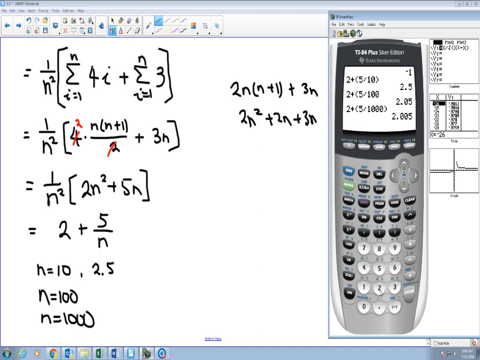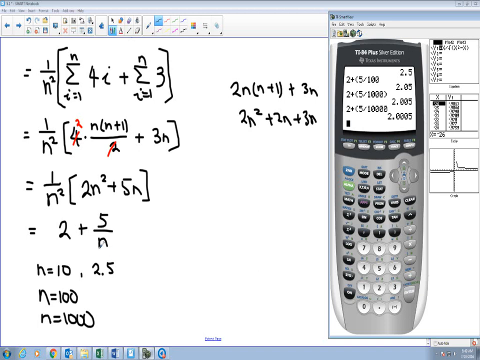Okay, so you can kind of see as n increases, 10,000. As n increases, the limit of my expression is actually approaching 2. And that's a very important concept throughout this whole video.